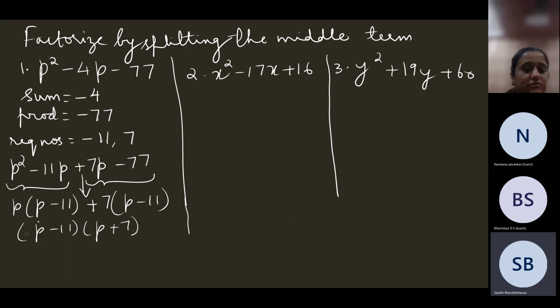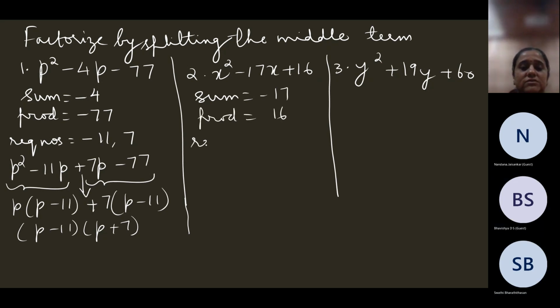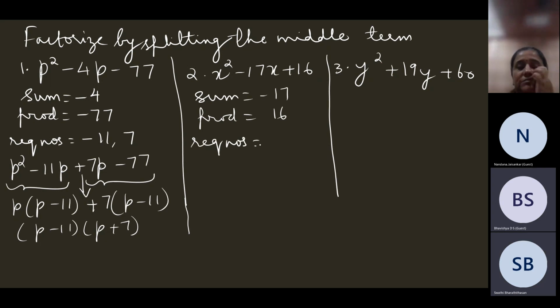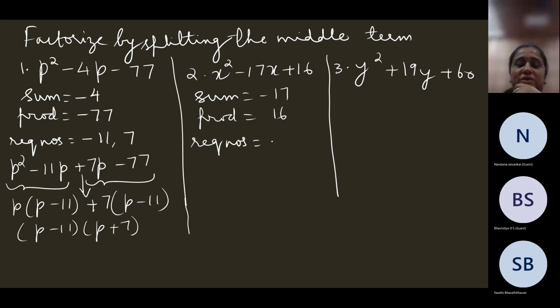Ma'am, minus 17. And what's the product? Plus 16, ma'am. What are the two numbers? Minus 1 and minus 16. Very good. I think I heard it from Bhavishya also. Minus 1 and minus 16, or minus 16 and minus 1. Any order.